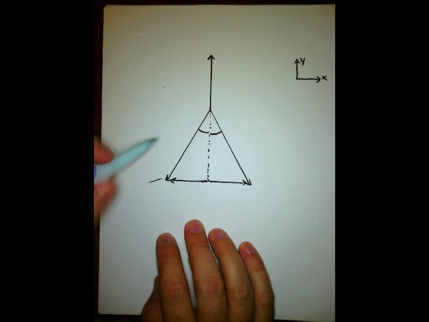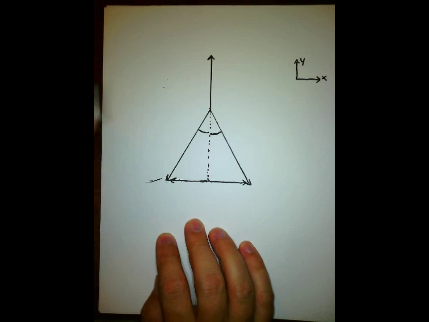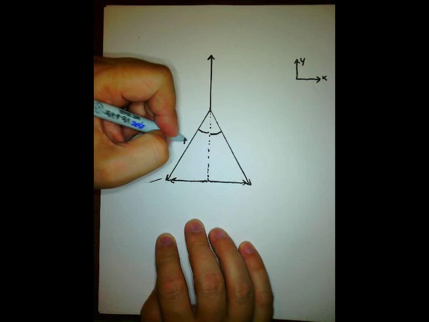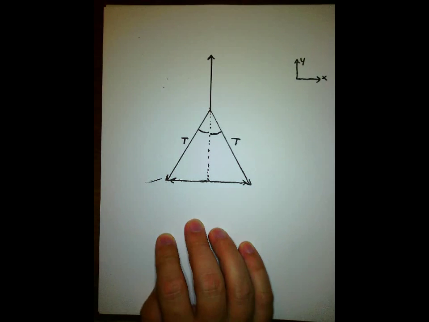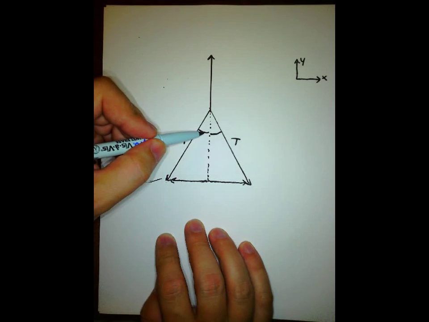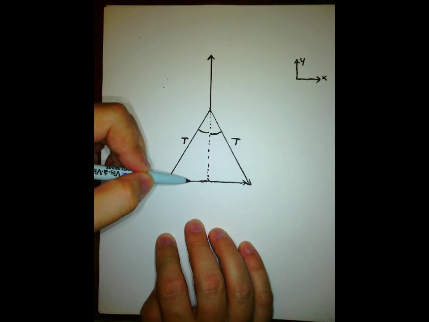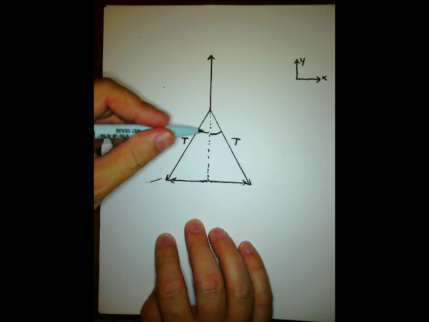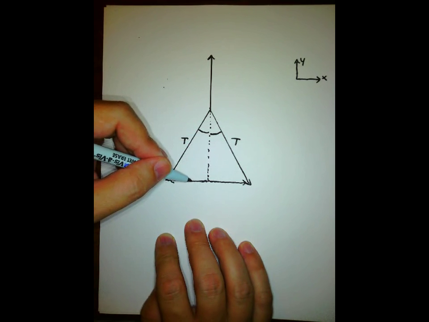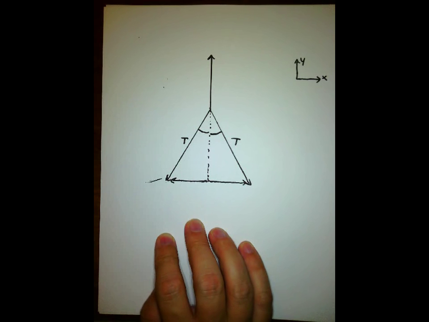Because this vector, let's call it T for the tension in the rope, and we know that this one is also T, same force, same tension. And this angle, to get this vector, it's going to be the side opposite, right? So opposite is sine.